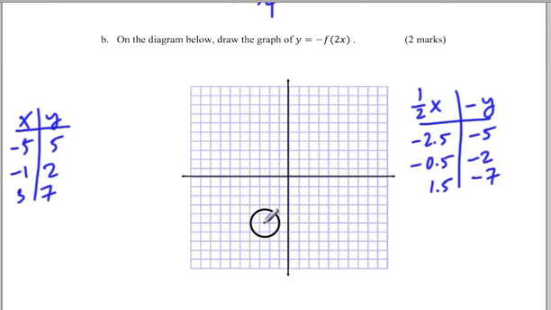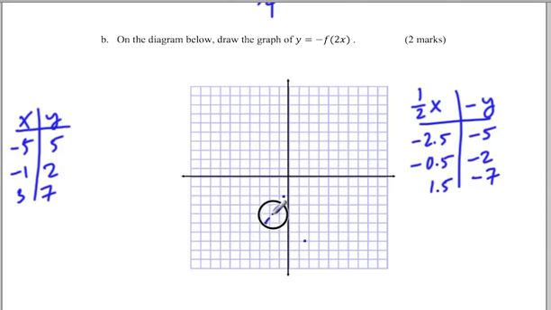So we have 1 point right there. Negative 0.5 and negative 2, which is right there. And 1.5 and negative 7, sorry. So that's somewhere right there.